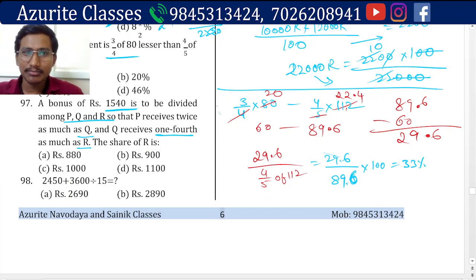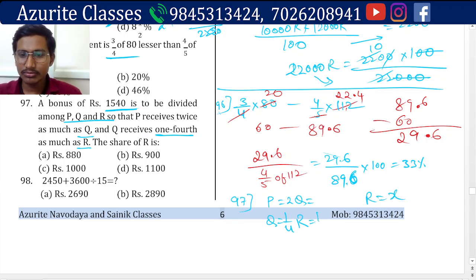So P receives twice of Q, and Q receives 1/4 of R. So we have to find R. If you take R as X, Q will be 1 by 4 of R, that is 1 by 4 of X, means X by 4. And P will be 2 times of X by 4. That is P, right?